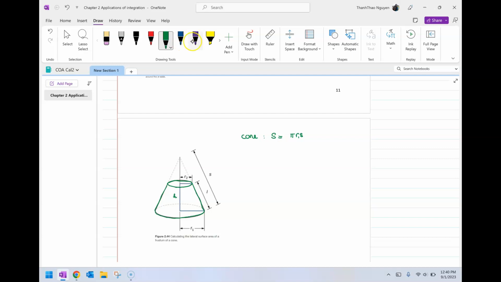So these are the similar triangles. Let me just draw that in for you. You see this: you have a large triangle made of the height of the cone, the base, this lateral side, and the smaller triangle is this one.